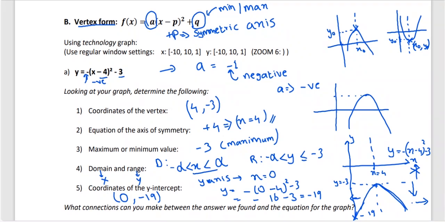The next point is the y-intercept. We just input x equal to 0 and get y equal to negative 19. When x is 0, that's on the y-axis, which is why it is called the y-intercept: (0, -19). That's it.